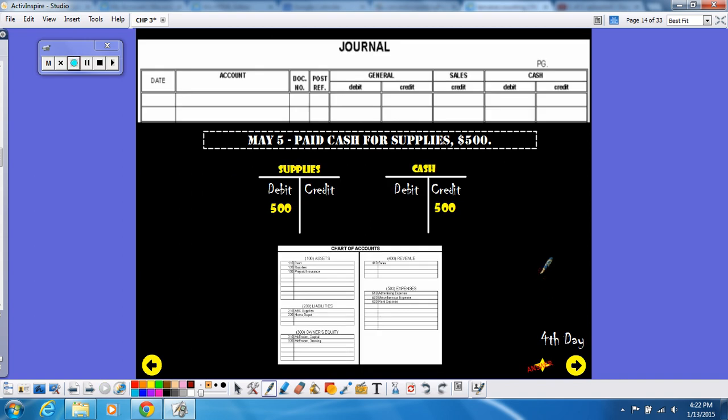Alright, now let's take a look. We have to take this information and we have to put it on a journal. Okay, so I have the transaction and the T accounts as well. So just like before, first thing you're going to do is put the date on here. So the date, May 5th, right here. That's the easy part. Now once again, you have cash already, and if you remember correctly, cash is already up here.